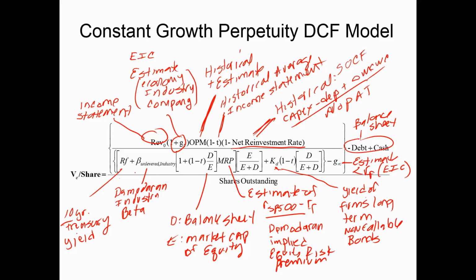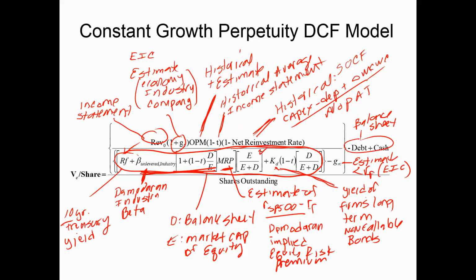For the weighted average cost of capital, that's down here. I'm going to use, for CAPM, the risk-free rate. For beta, I'm going to use the unlevered industry beta times 1 plus the after-tax debt-to-equity ratio for the firm. That'll give me a levered beta, or equity beta. I'll then multiply times the market risk premium, and I'm going to use Damodaran's implied equity premium, times the percentage of equity.